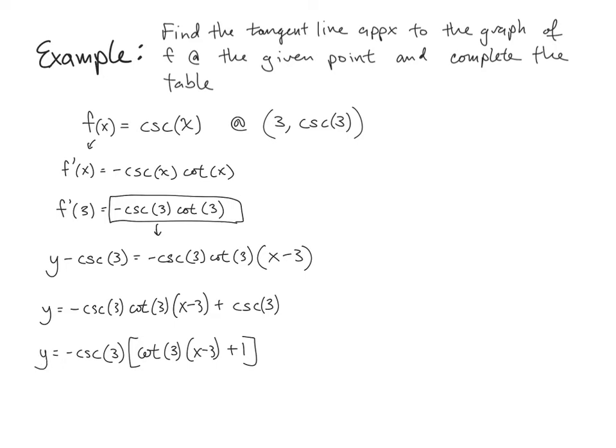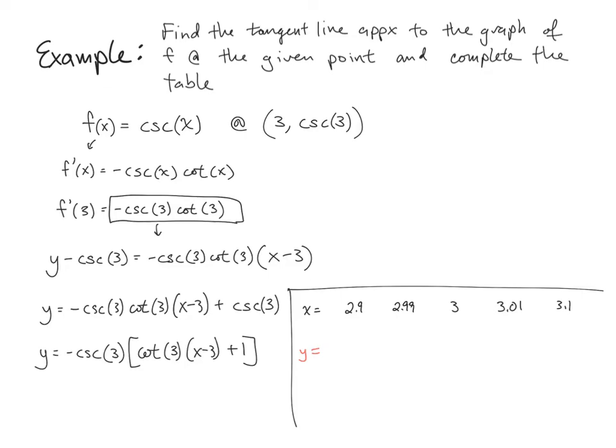So this is our y. And what we will do then is we will be sure to put a table over here and get to approximating. So here we have our x values that go a little bit to the left and a little bit to the right of 3.